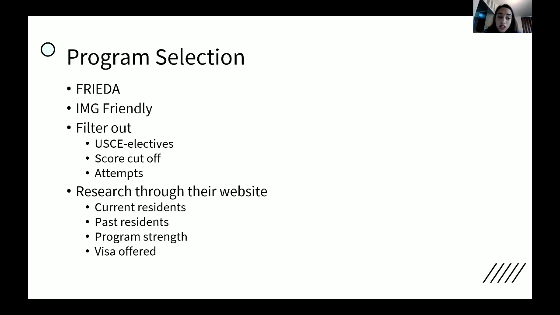Sometimes you might look at a program and you think it's IMG friendly and you like all of it, then you'll realize that they actually do not offer visas to students. And these might be people who are IMG friendly, might also be students from the United States who have studied in the Caribbean, and they have a green card or are a US citizen. So that might be a confounding factor. So always look if they're offering visas, and then cut down your program selection at that.